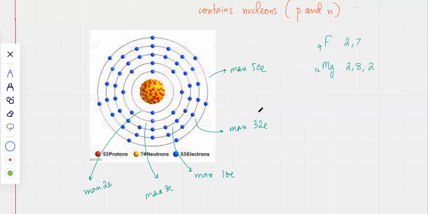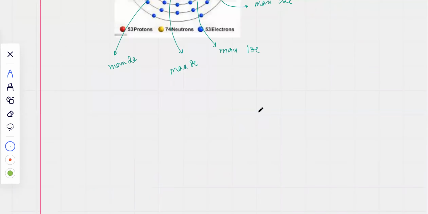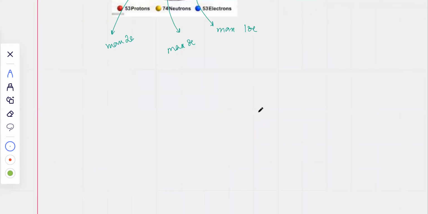Anyway, that's about shells, protons, neutrons and the nucleus. How do you figure out how many protons, neutrons and electrons are there in an atom? You figure that out by looking at the element, let's say magnesium.